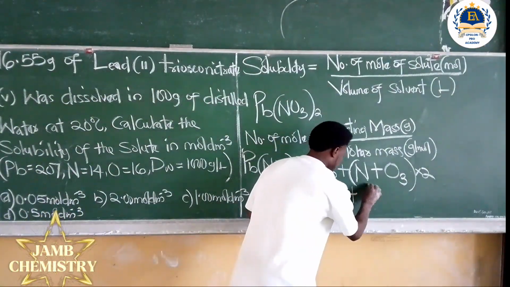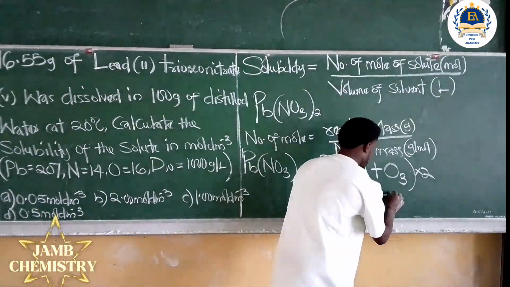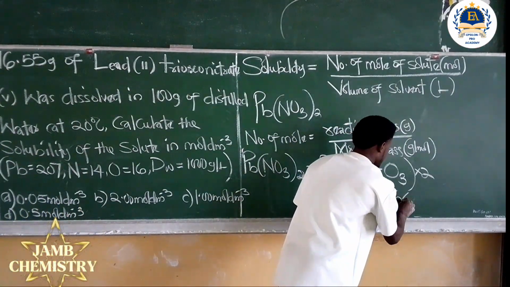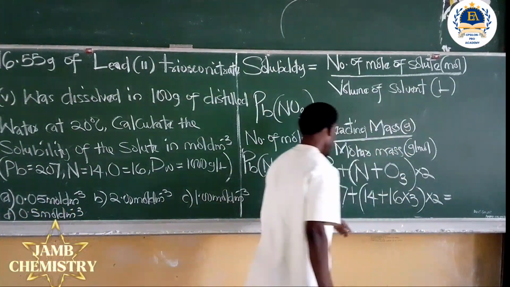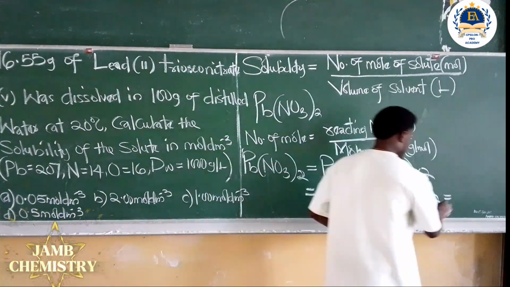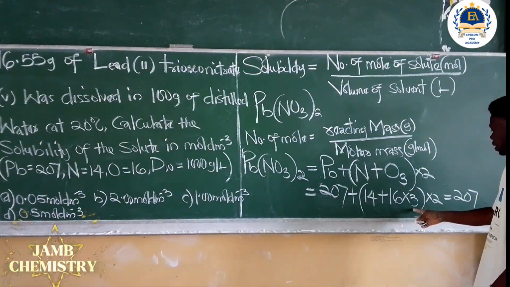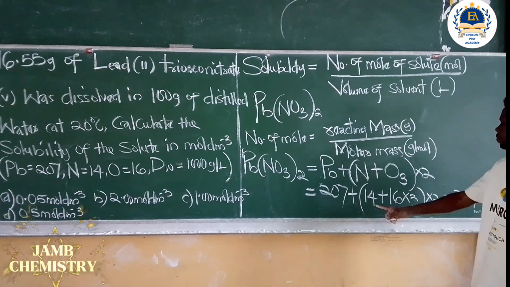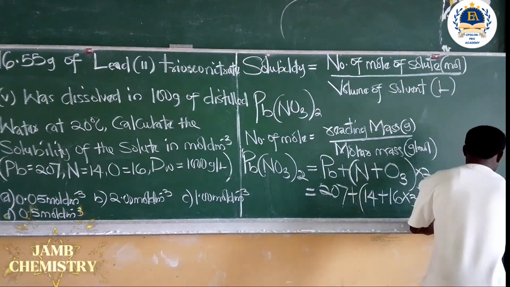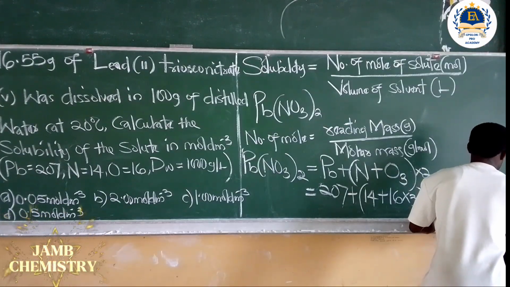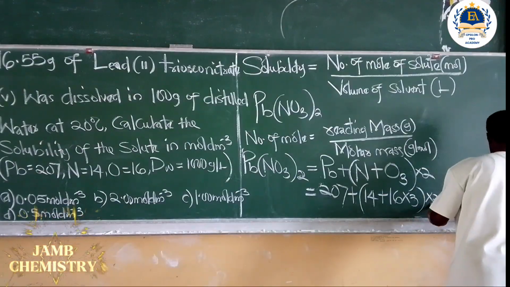That of nitrogen is 14, plus oxygen is given as 16 times the subscript, which is 3. We have 207 plus, in the bracket, 16 times 3 is 48, and 14 plus 48 is 62. So we have plus 62 times the 2.